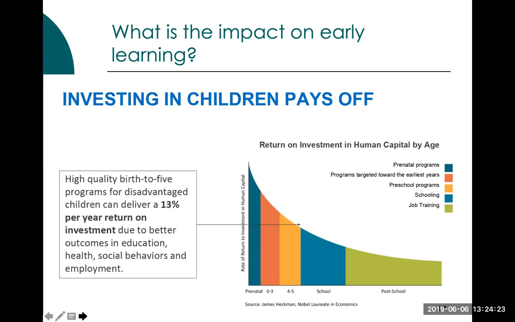You can see the slope there in terms of impacts on education outcomes, health outcomes, social behaviors, and employment. So this has a lot of implications for many of the student populations and families that adult education works with. Okay, so we're going to go on.